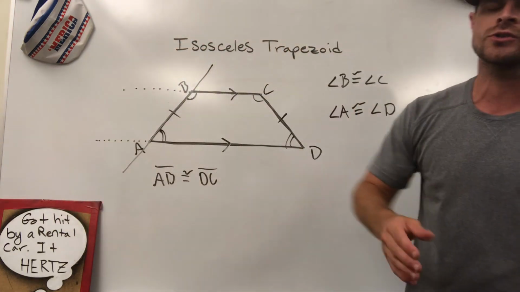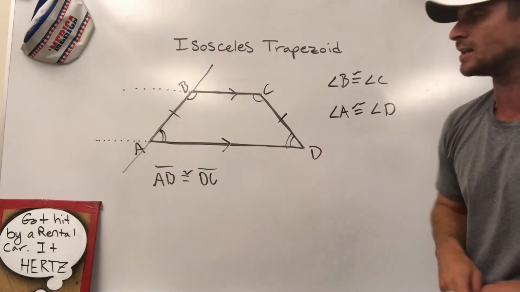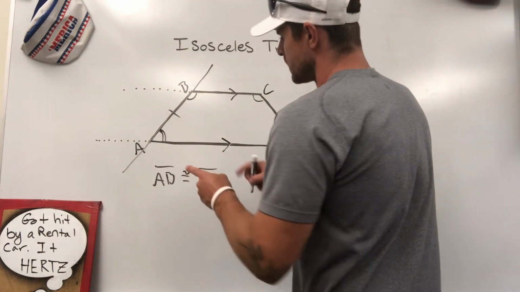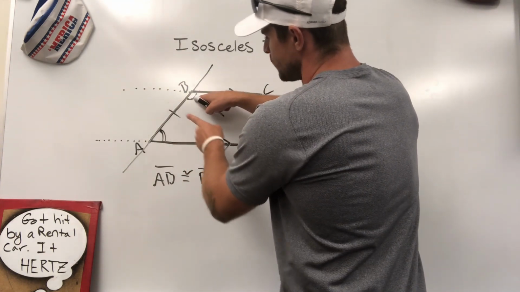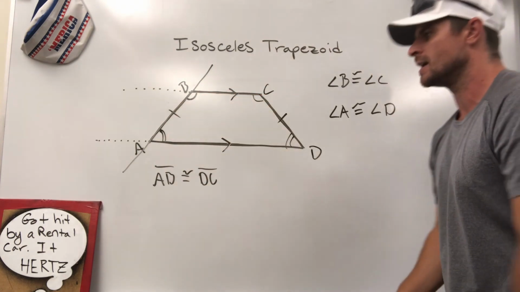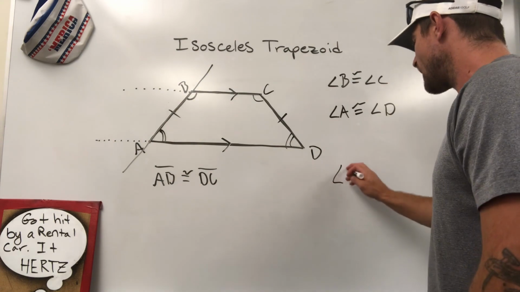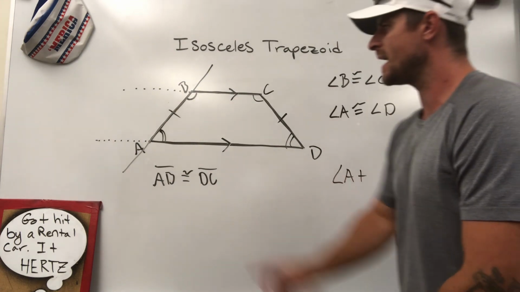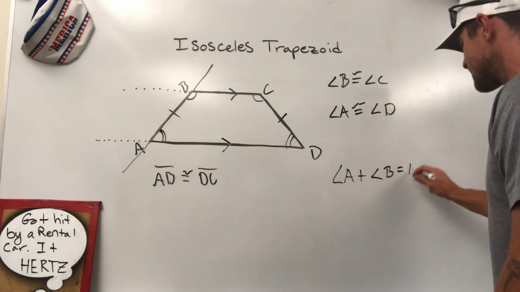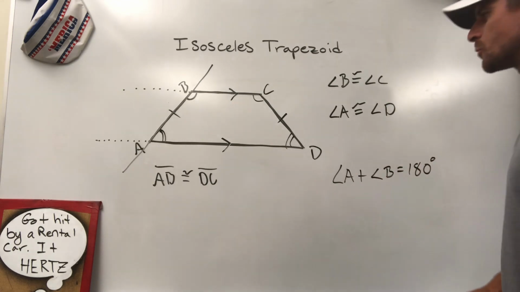A transversal is a line that cuts two parallel lines. And when we are dealing with a transversal, this angle here and this angle here are going to be supplementary. So I can tell you right now that angle A plus angle B, when added together, gives a sum of 180 degrees.